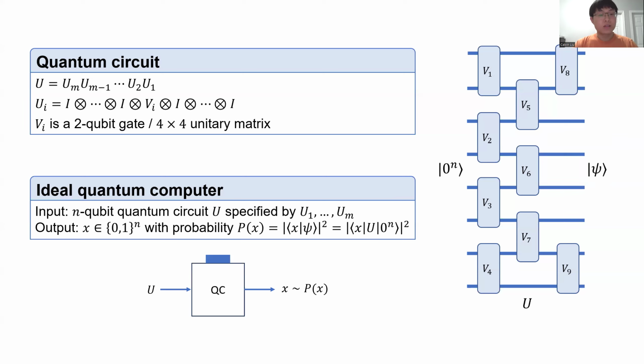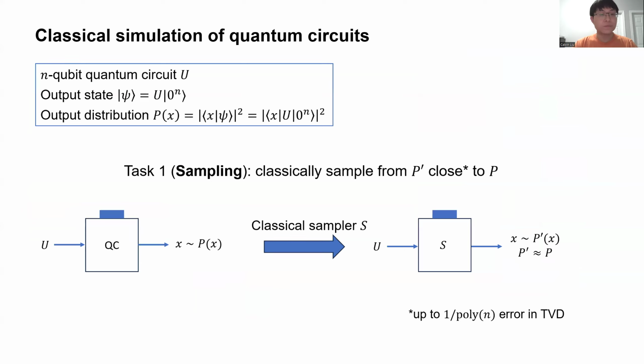Without loss of generality, the input-output behavior of a perfect quantum computer can be described as follows. Given an input n-qubit quantum circuit U specified by a list of 2-qubit gates, including the information about which qubits to apply each gate to, a perfect quantum computer will output an n-bit string sampled from the output distribution P. Then, unsurprisingly, one natural goal for classical simulation is to replicate the input-output behavior of the quantum computer.